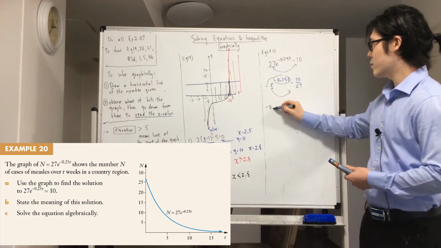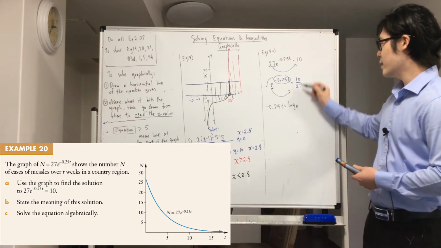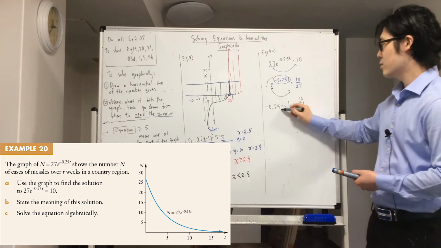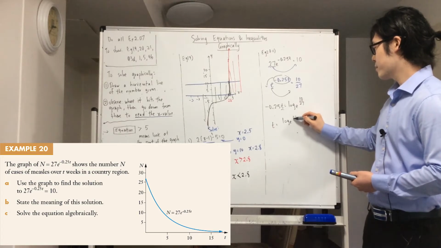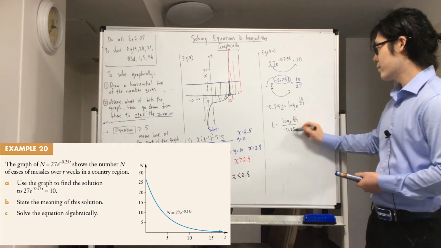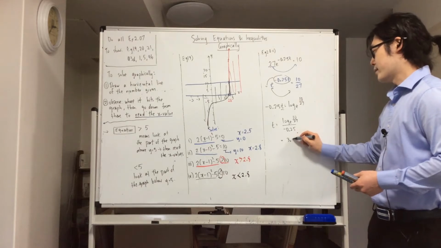So we've got this is equal to log e of that. I just wanted to remind you guys how to do that technique. So to find t, it would just be that over minus 0.25, okay? And that will be your answer. So that's 3.97.